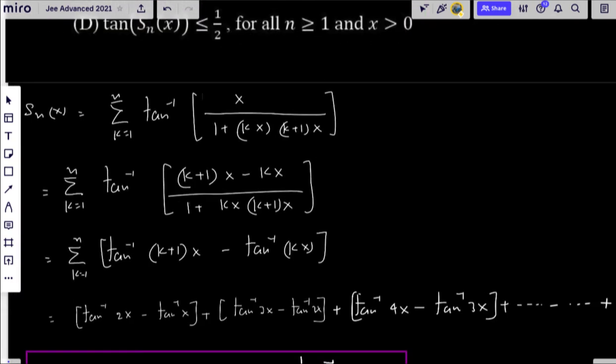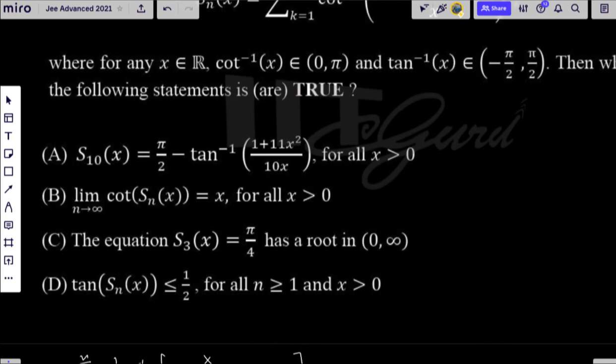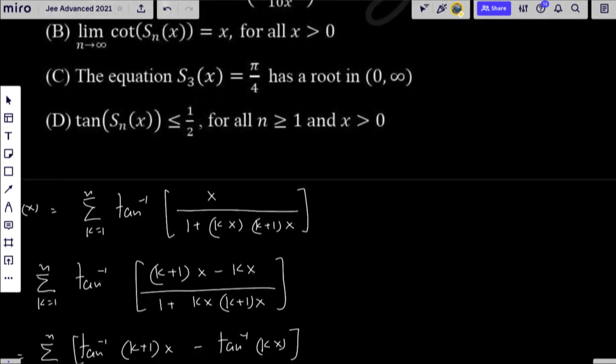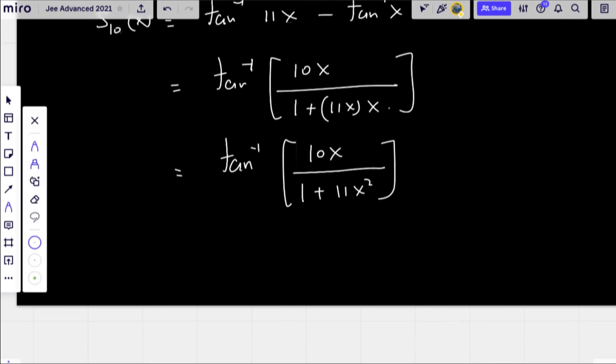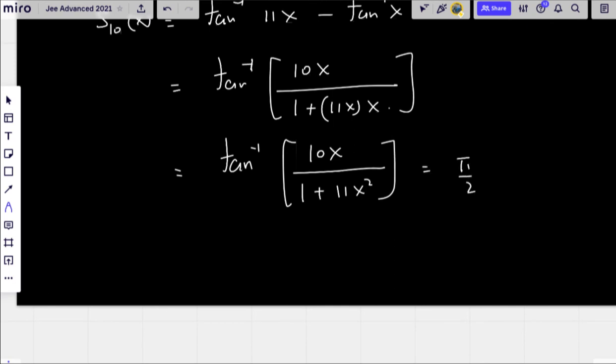The options they have given are twisted somehow. So we can write pi by 2 minus cot inverse, now make the reciprocal over here.